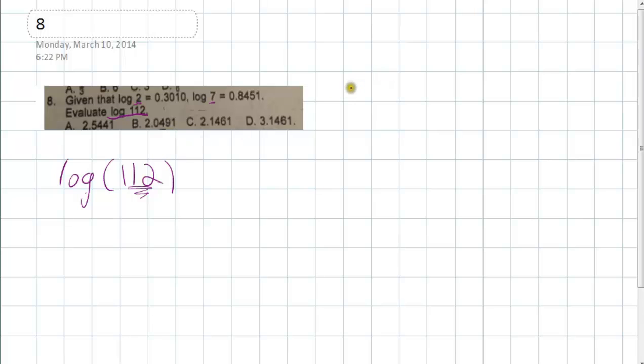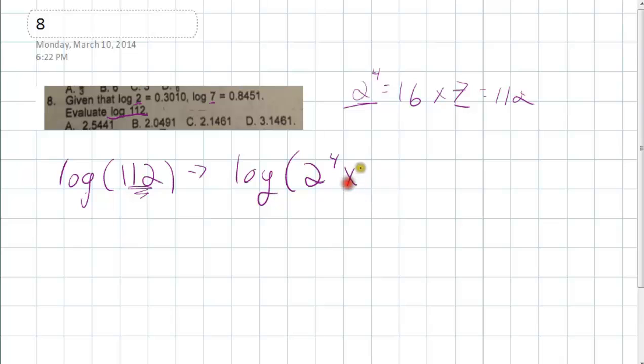It turns out that if you have 2 to the 4th power, which is 16 by the way, and multiply that by 7, you will get 112. So 2 to the 4th power and 7 are suddenly very important. And so the log of 112 is the same as the log of 2 to the 4th times 7.